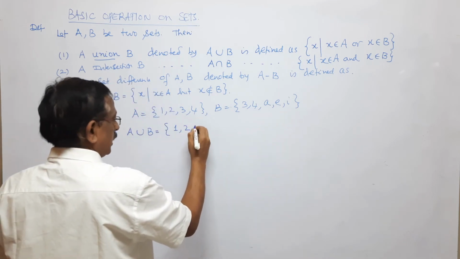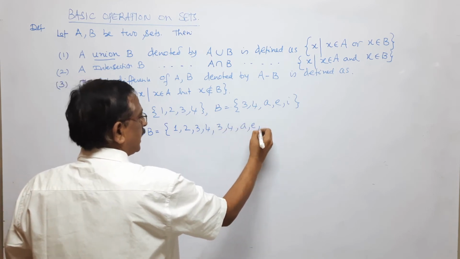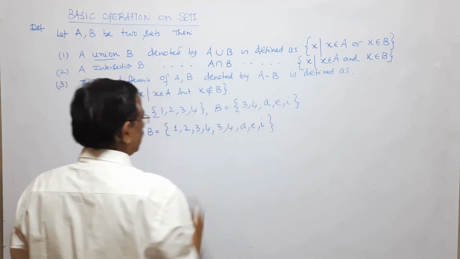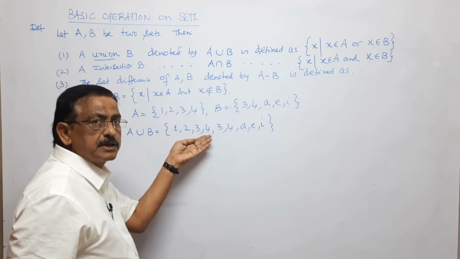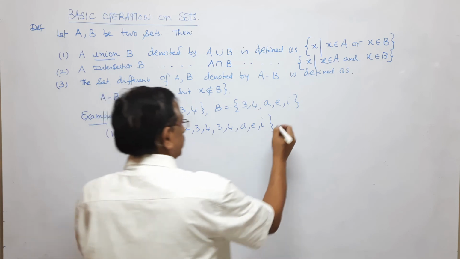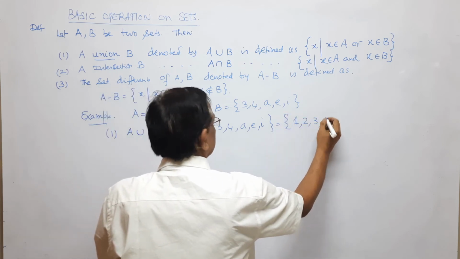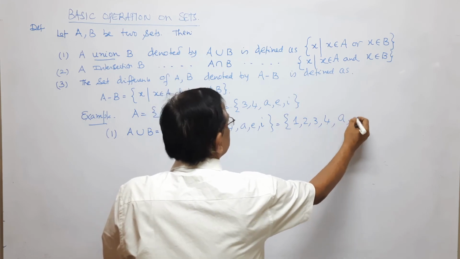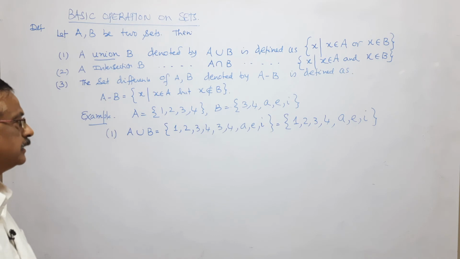For example, 1, 2, 3, 4, 3, 4, a, e, i. I have already expressed that when there is a repetition of an element, you can ignore them. So write down only once: 1, 2, 3, 4, a, e, i. That is A union B.